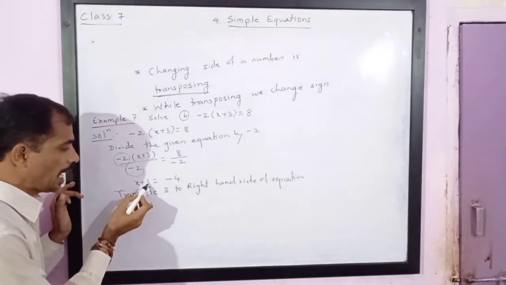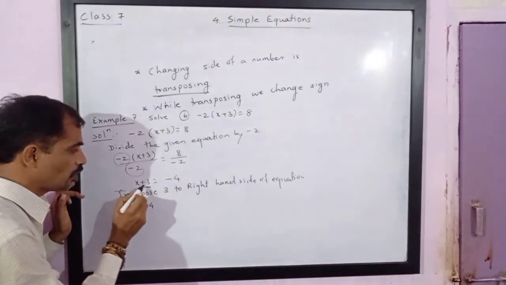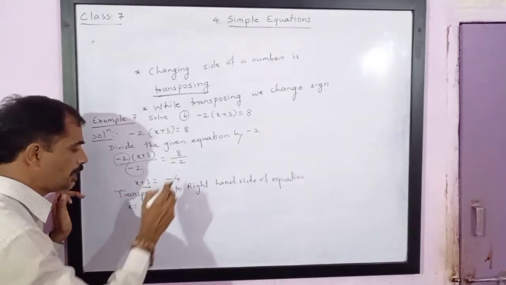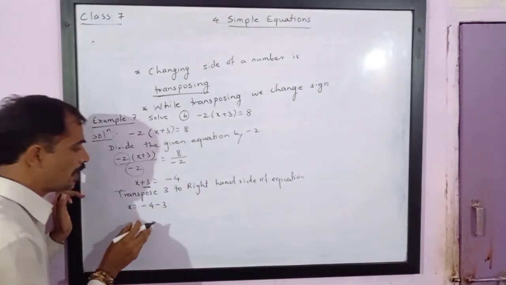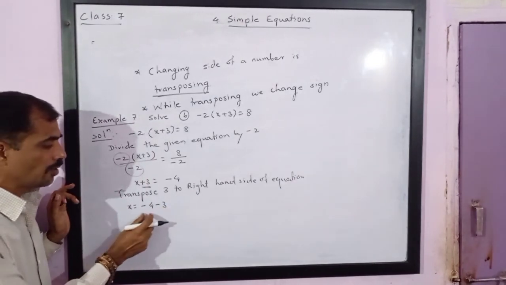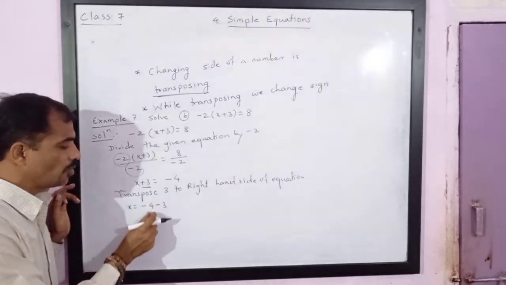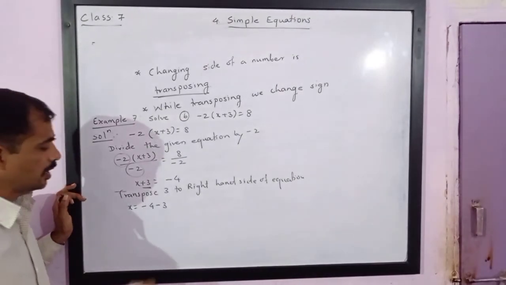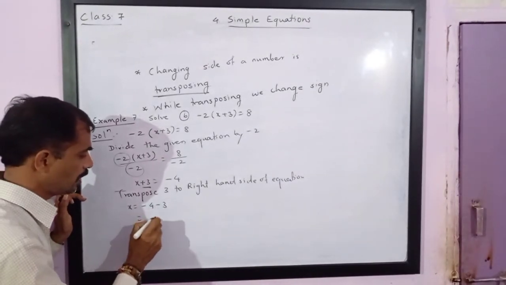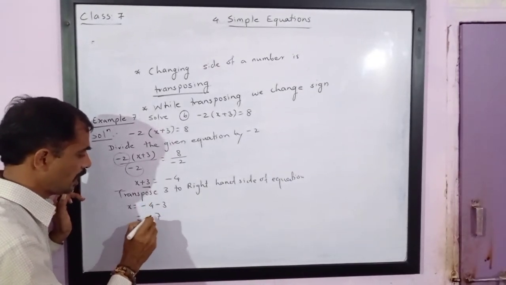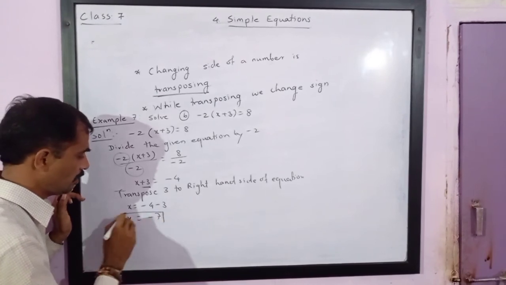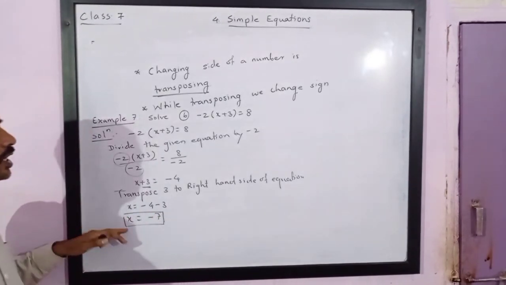Please note, we are carrying positive 3 to the right hand side, so since this is positive, it will become negative. Now again remember, both integers have negative sign, so we have to add their magnitudes and give the sign. It means this is equal to 3 plus 4 is 7, and give the sign that is negative. So x is equal to negative 7 is the solution of the given equation.